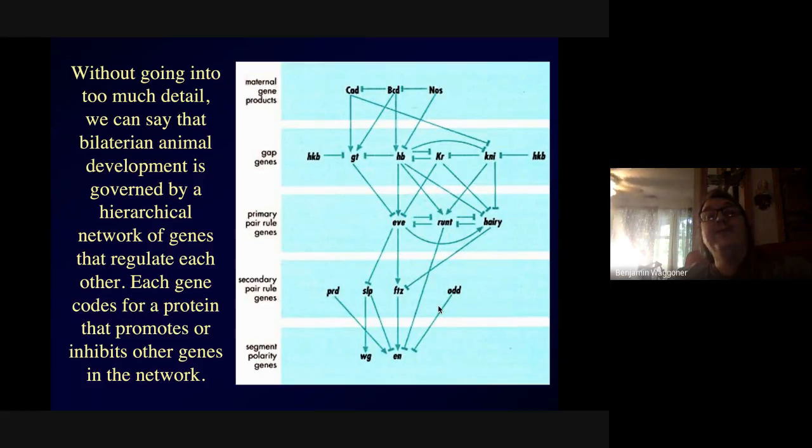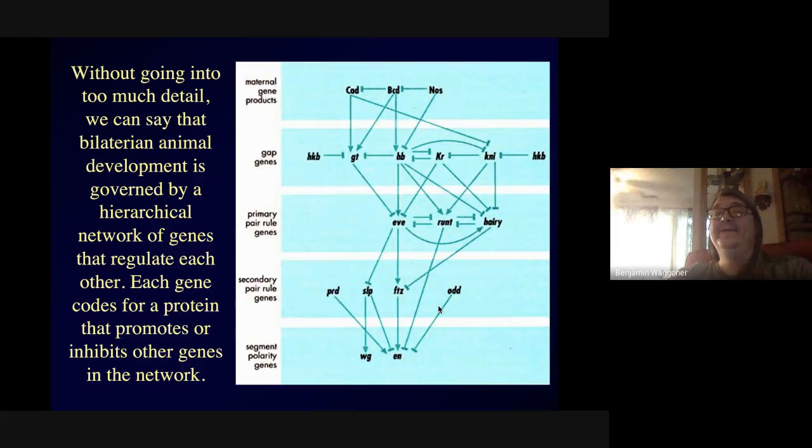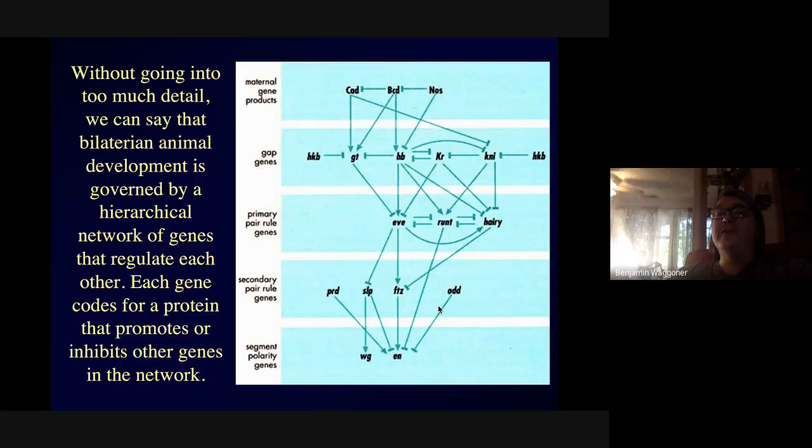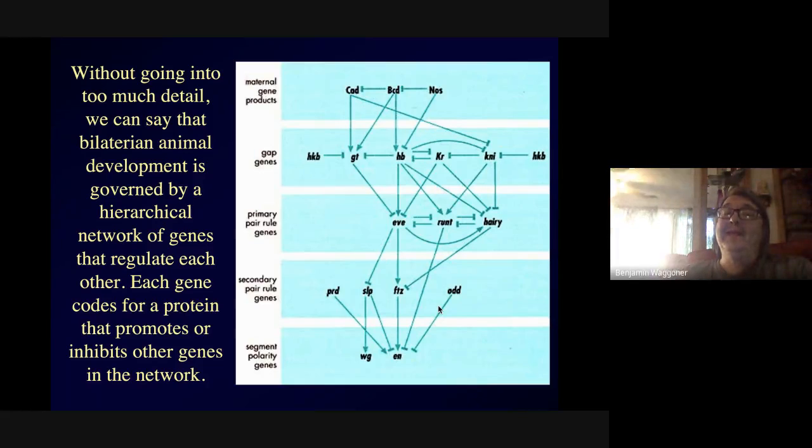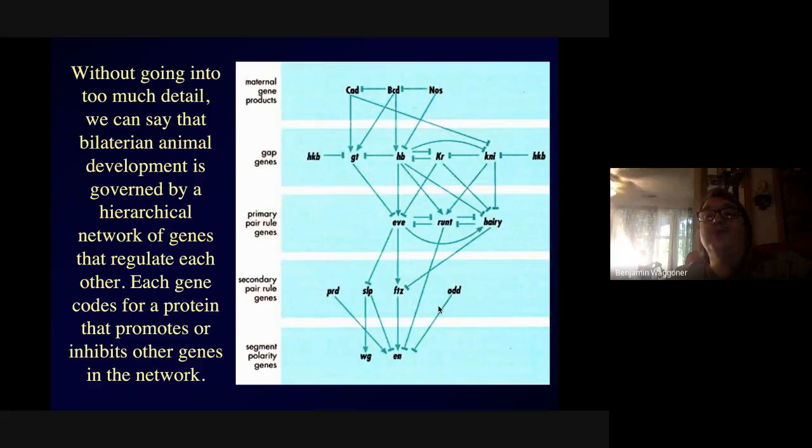If you look at the top level where it says maternal gene products, when mommy fruit fly makes her eggs, even before they're fertilized, she pumps messenger RNA into the cytoplasm of those eggs, and that mRNA is transcribed and translated into proteins. So up at the top, you have 3 proteins, one CAD, that's caudal, one is abbreviated BCD, that's called bicoid, one is abbreviated NOS, and I forget what that stands for.